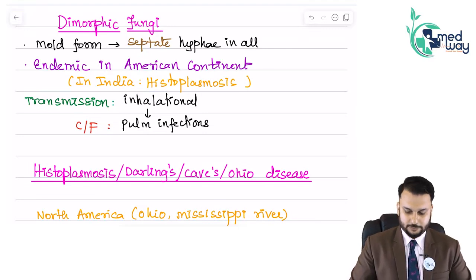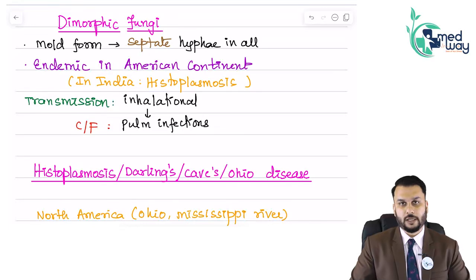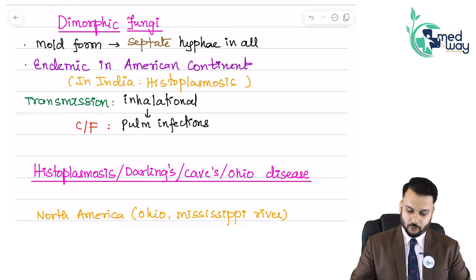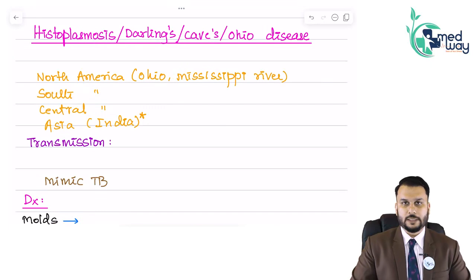Next, we're going to begin with the first dimorphic fungus here. It's called histoplasmosis. So dear doctors, histoplasmosis also happens to be known by other names like Darling's disease, Cave's disease, Ohio's disease, etc. Ohio is a place in North America, precisely in the USA.